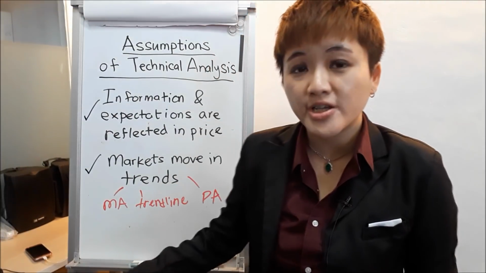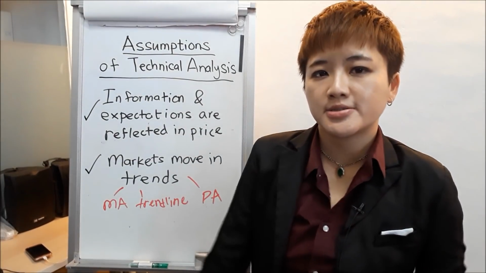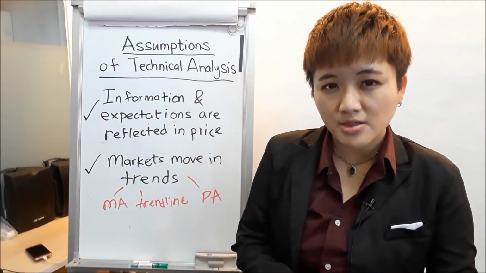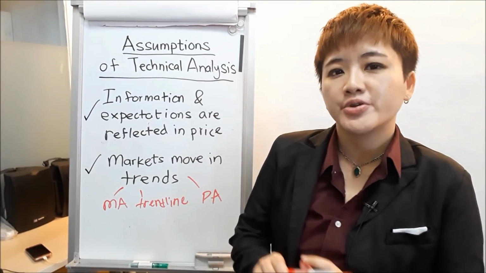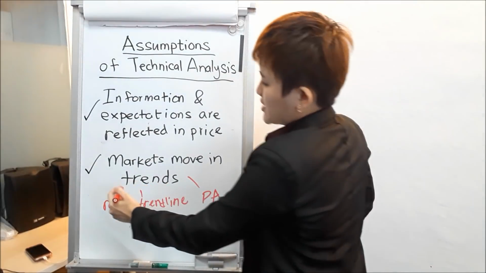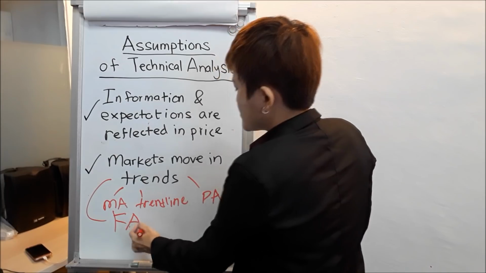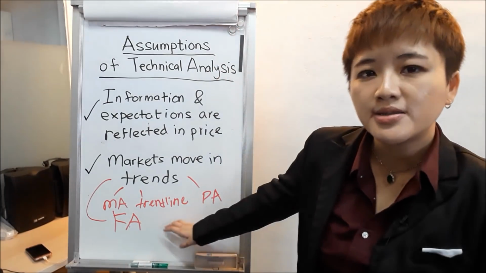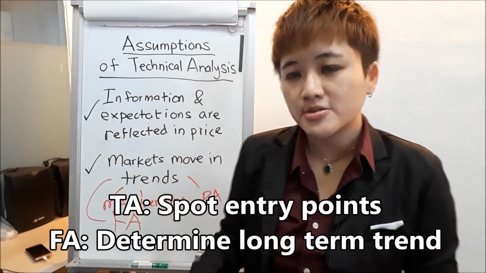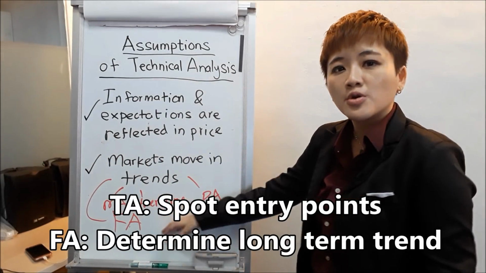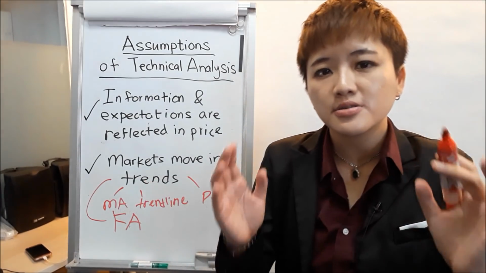And to be able to trade trends in the long term, which lasts from weeks to months, you need to master one very important thing, and also one annoying thing for a lot of retail traders, and that is fundamental analysis. So you combine FA with TA to help you spot entry points, FA to tell you what the market's direction is going to be in the long term.